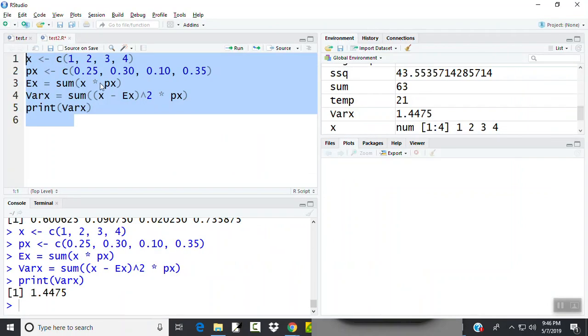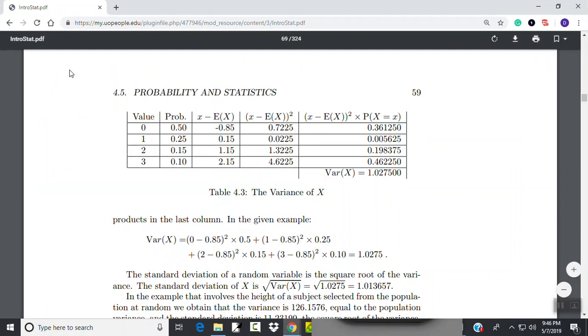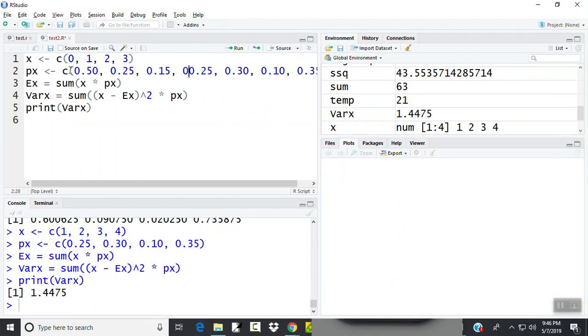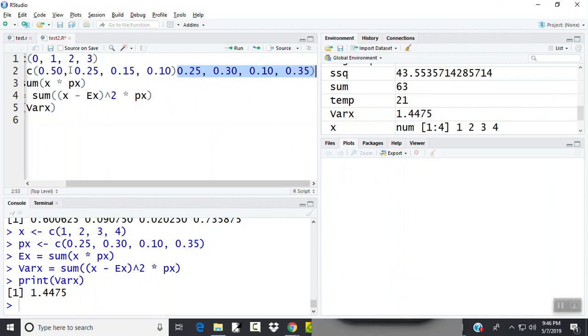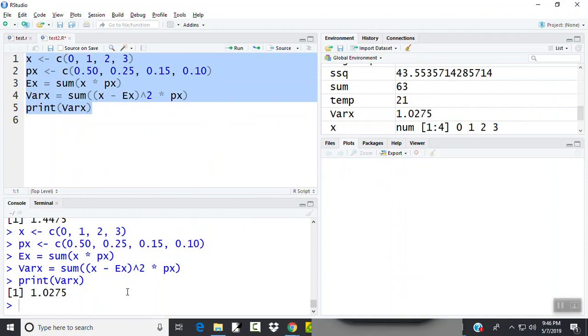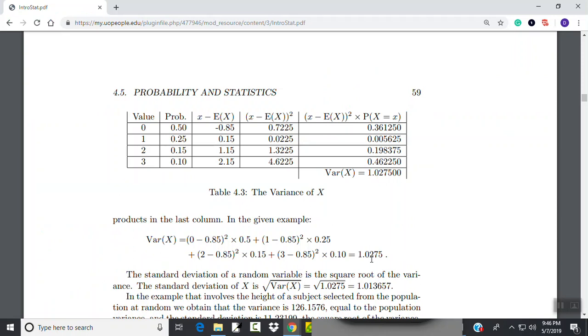See if I did this 0, 1, 2, 3. And what do I got? 0.5, 0.25, 0.15, and 0.10. Now if we run that, 1.0275, which is the answer they come up with here.